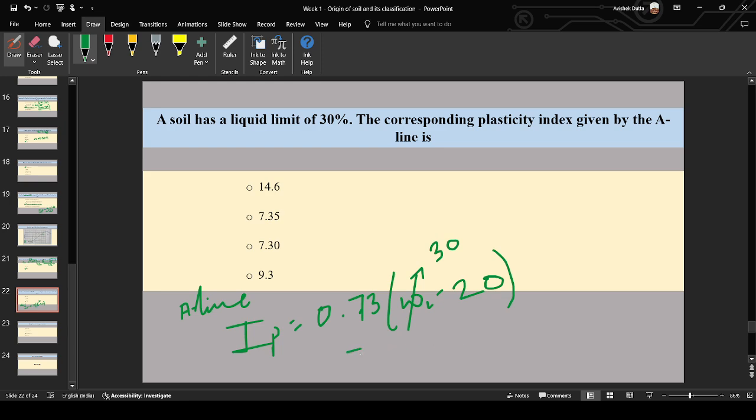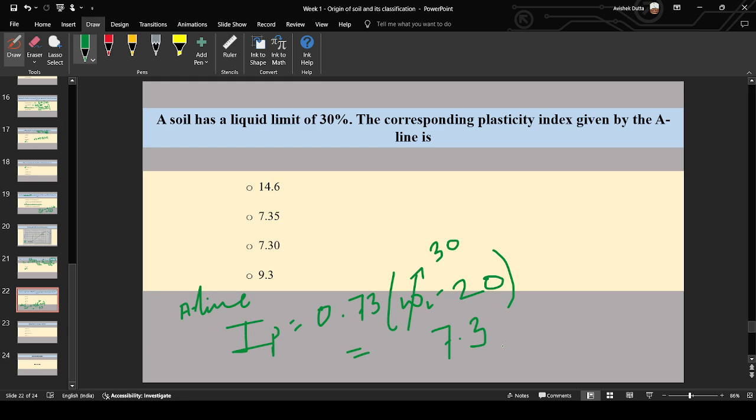So if we solve this, 30 minus 20 is 10, 0.73 into 10 is 7.3. The answer we get is 7.3. So what does this signify? If a soil has a liquid limit of 30%, then the A line will give the plasticity index of the soil as 7.3.